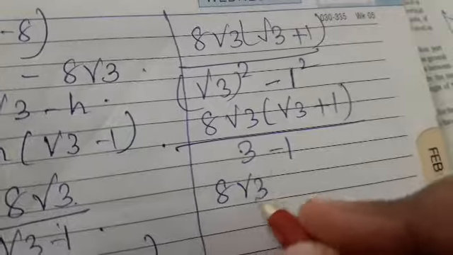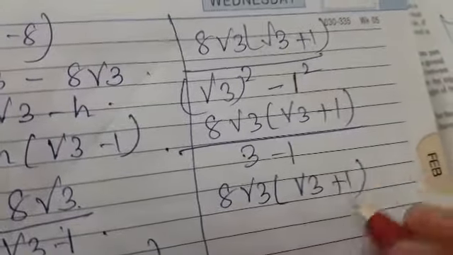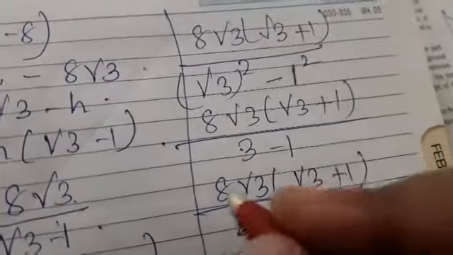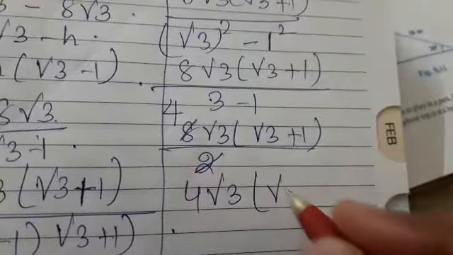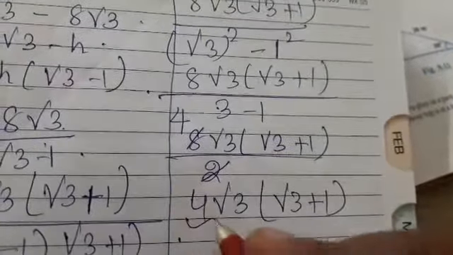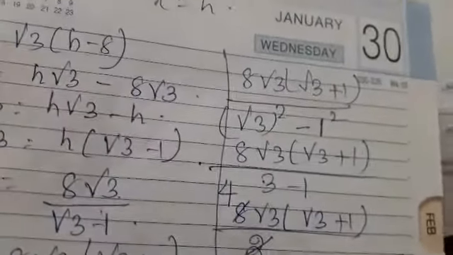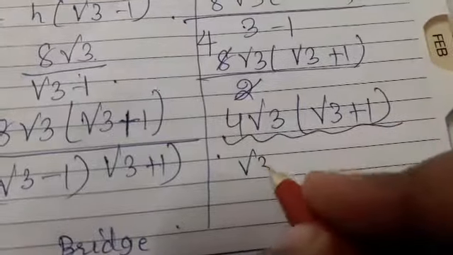So 8 root 3 (root 3 plus 1) upon 2, which will cancel with this. So I will get 4 root 3 (root 3 plus 1). Now the answer can be changed into decimals by putting the value of root 3 as 1.732.